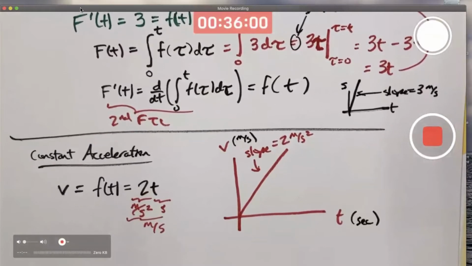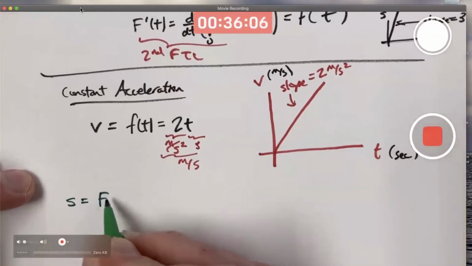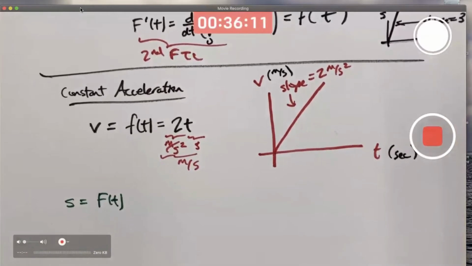Okay, so what's the distance traveled now? S equals dist of t. I'll just write the capital F this time. Can't do rate times time anymore, can I? Why not?